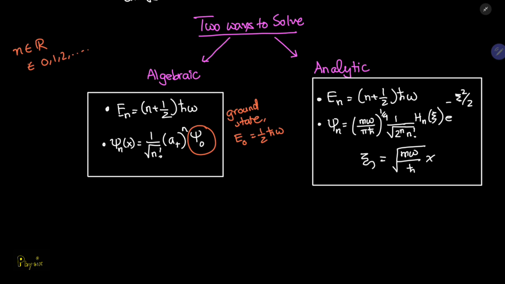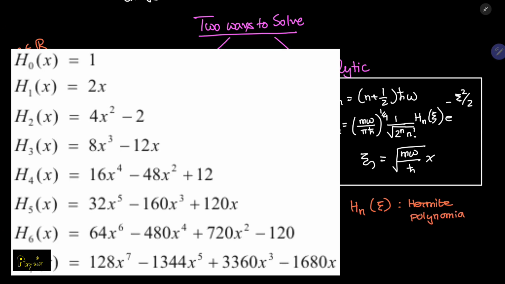I should also explicitly mention that in the analytic method, H sub n represents the Hermite polynomials, and you can look them up on the internet whenever you want.